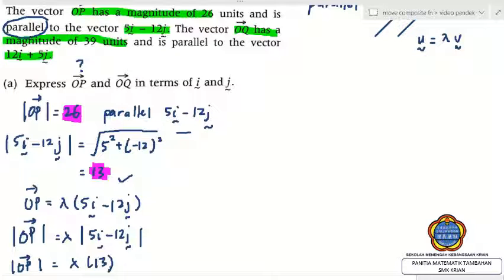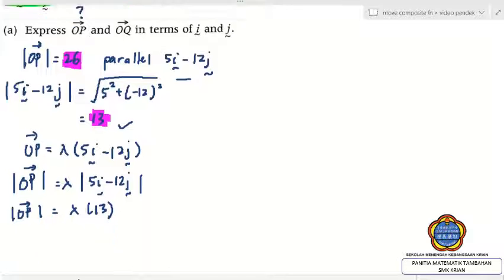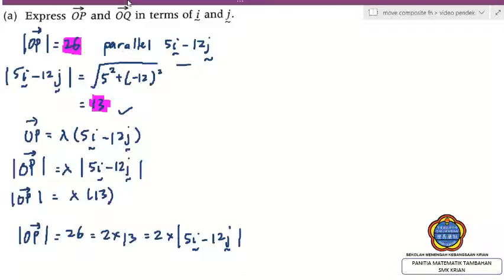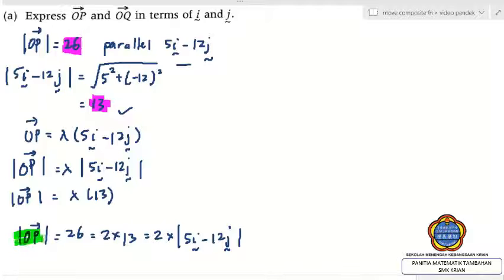And then given that the magnitude of OP is equal to 26, how to really ensure in the step that it is 26, you put 2 multiply 13, and 2 multiply the magnitude of 5i minus 12j. Okay, based on this, magnitude of OP is equal to 2 multiply magnitude of 5i minus 12j.